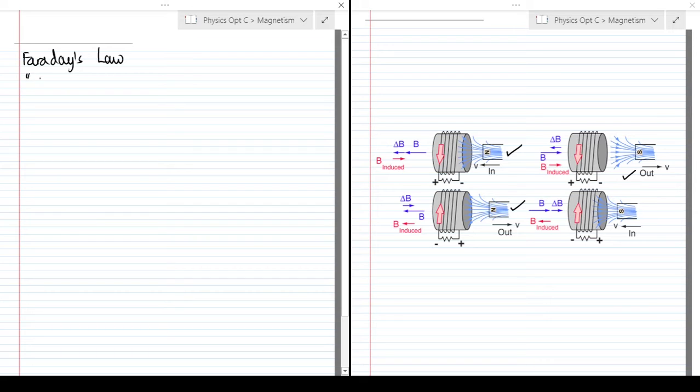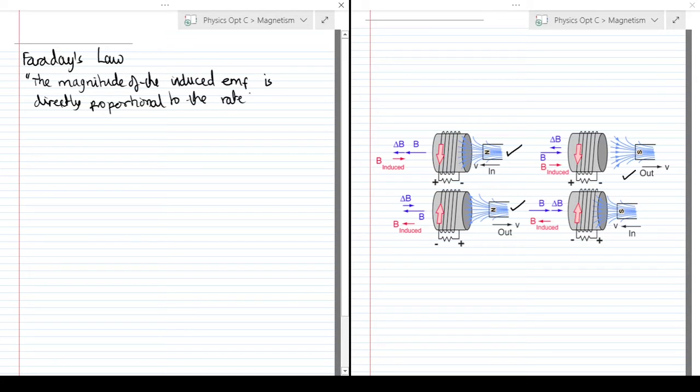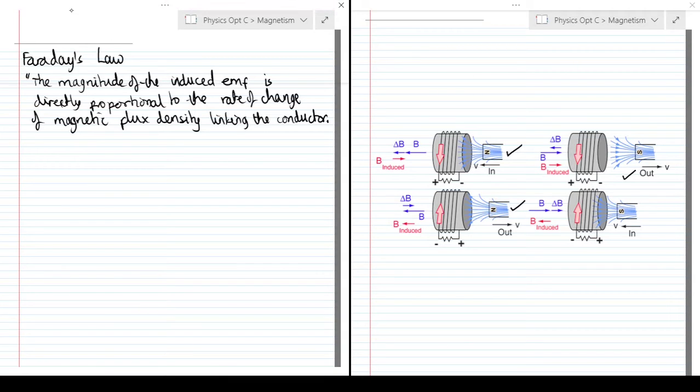Basically it allows us to quantify the magnitude of the EMF that is generated. So Faraday's law says, and you all should have met this in Form 5, that the magnitude of the induced EMF is directly proportional to the rate of change of magnetic flux linking the conductor with respect to time.